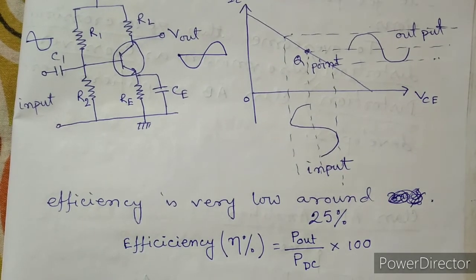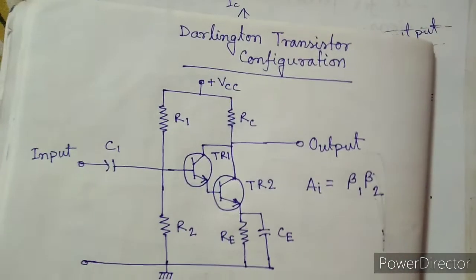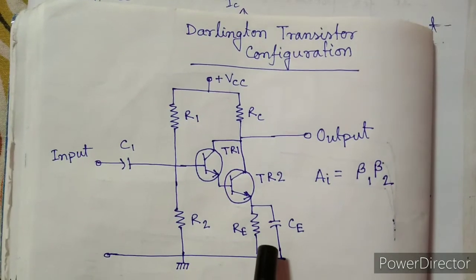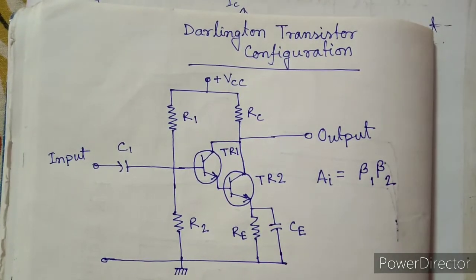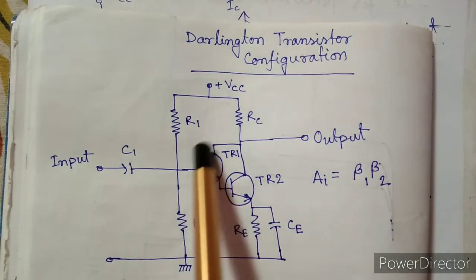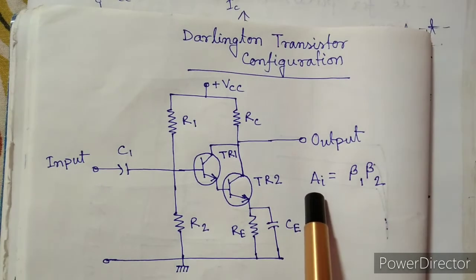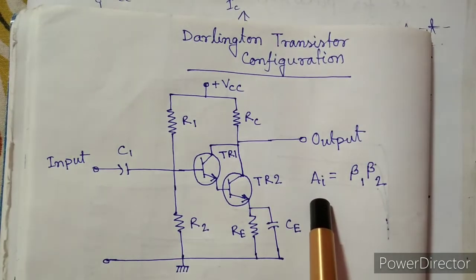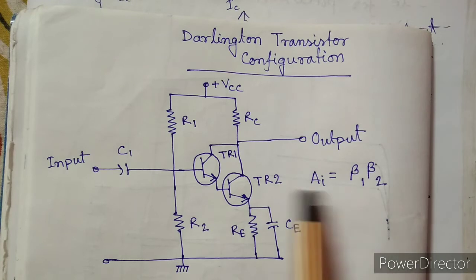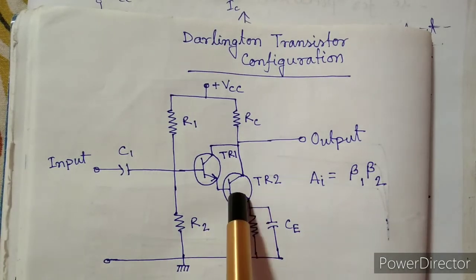Now, if we want to increase the efficiency, then we can go for the Darlington configuration. There you can see the Darlington configuration here. The current gain will increase, that is the multiplication of the gain of transistor 1 and transistor 2.